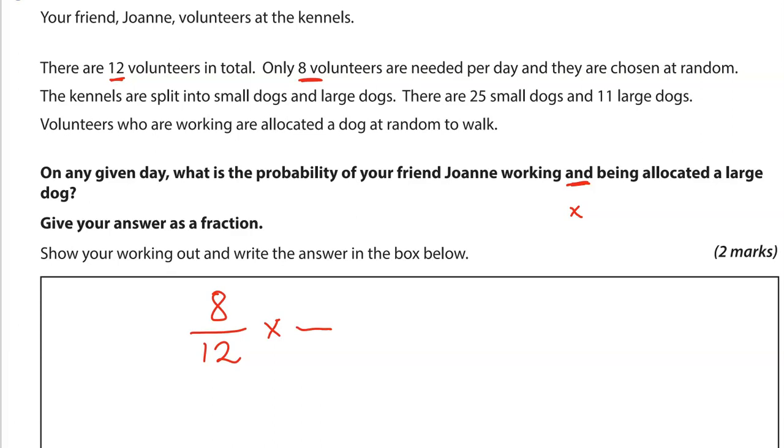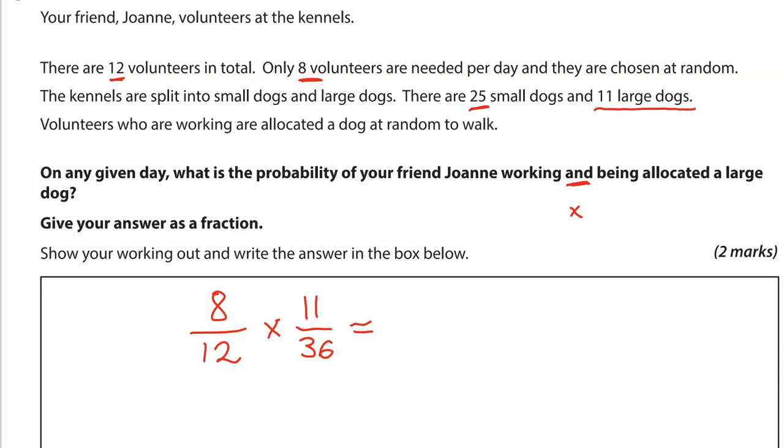So there are 11 large dogs and 25 small dogs. So large, that's 11, out of, in total, 25 and the 11, that's going to be 36. So since we're multiplying these two, all we do is multiply the two top numbers.